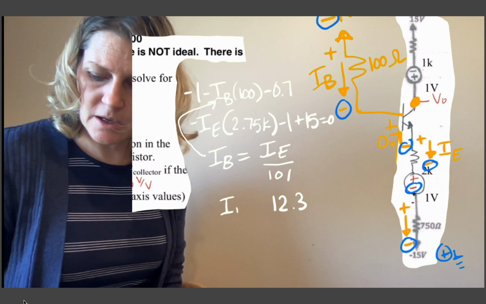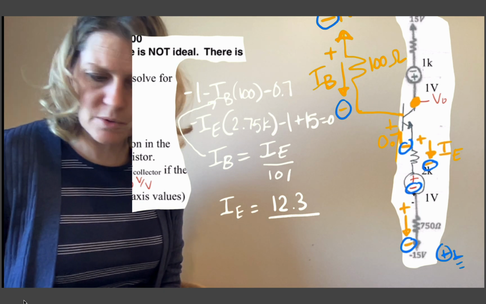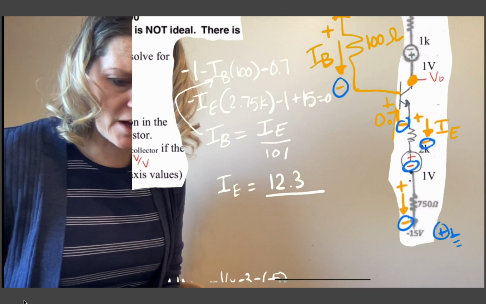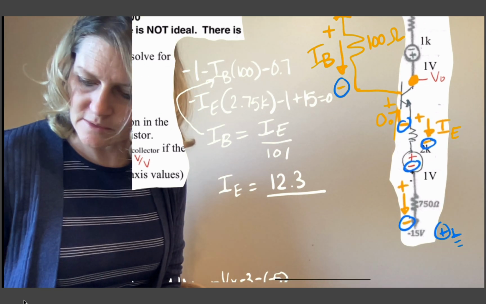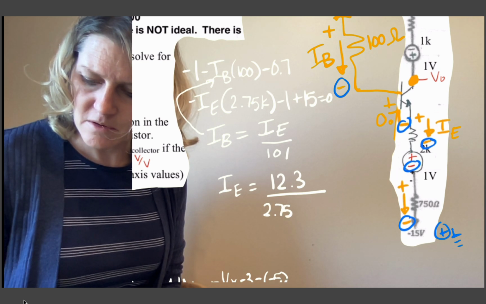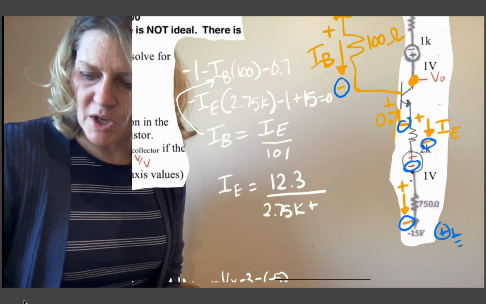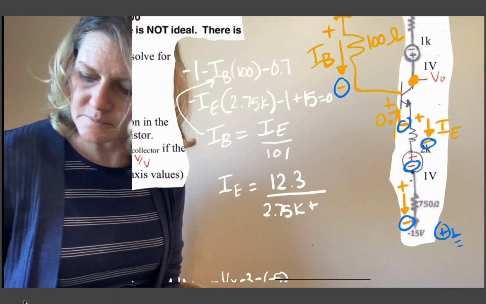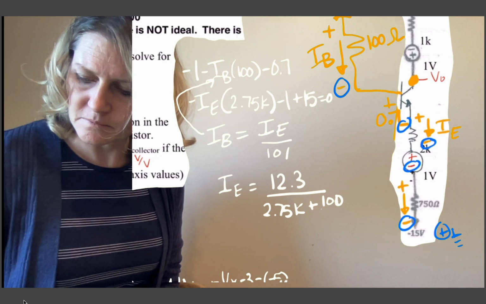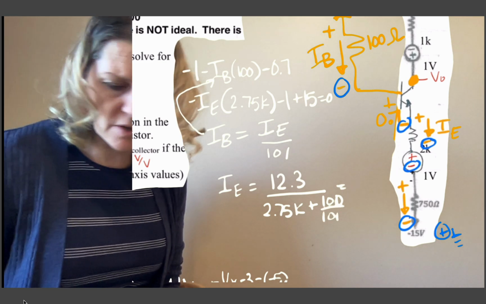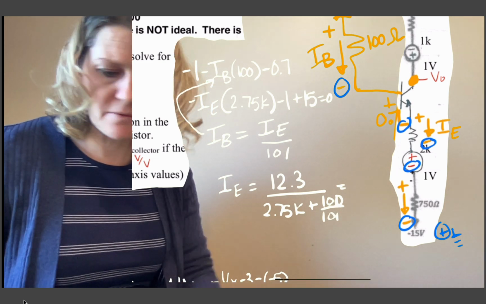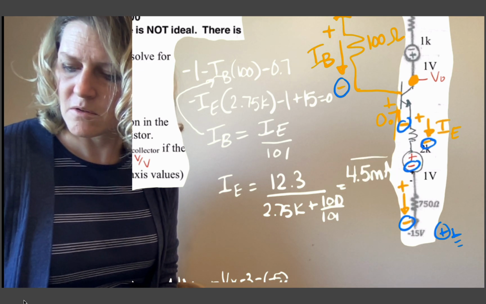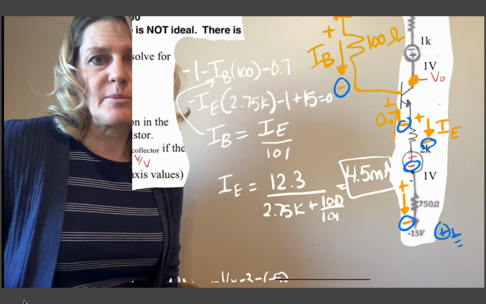And then I have IE is equal to 12.3 over 2.75K plus the plug-in for the 100 over 101. And that will give me a value of IE to be 4.5 milliamps. So that's my IE value.